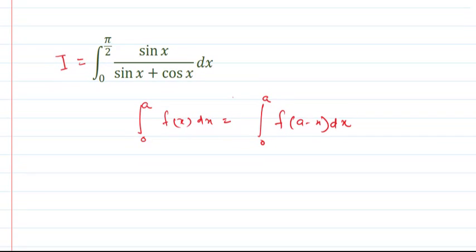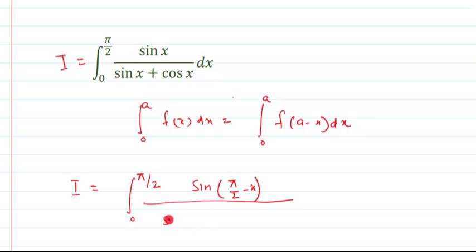So according to this property, we need to change x into pi by 2 minus x everywhere, in each term of the integrand. So let me apply this. I is equal to integral 0 to pi by 2 of sin(pi by 2 minus x) upon sin(pi by 2 minus x) plus cos(pi by 2 minus x).